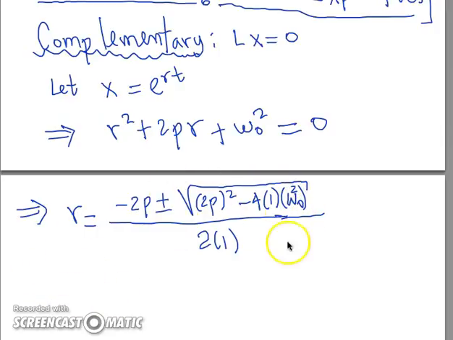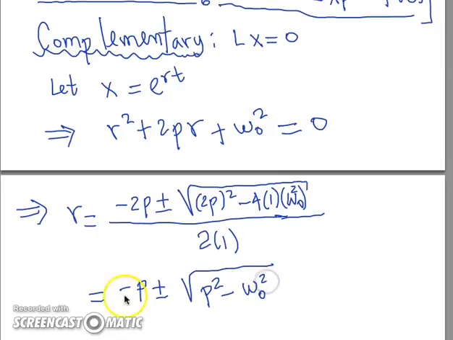So we can do some algebra here, and this simplifies to minus p plus or minus the square root of p squared minus omega 0 squared. So that's the form of the roots.